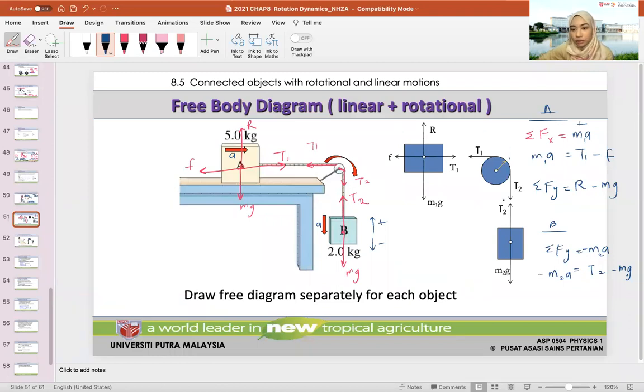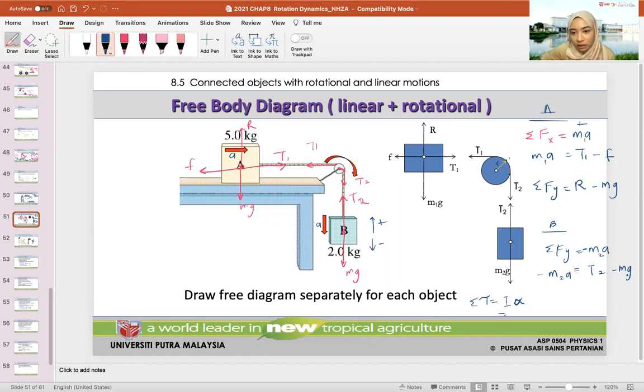And then for your object pulley, why so many SMS, distracted. For your pulley, again, something that rotates: make your object rotate clockwise will give you negative, and anti-clockwise is positive. So net torque, I alpha, this is your condition. Whatever that is in your free body diagram, you write it down.